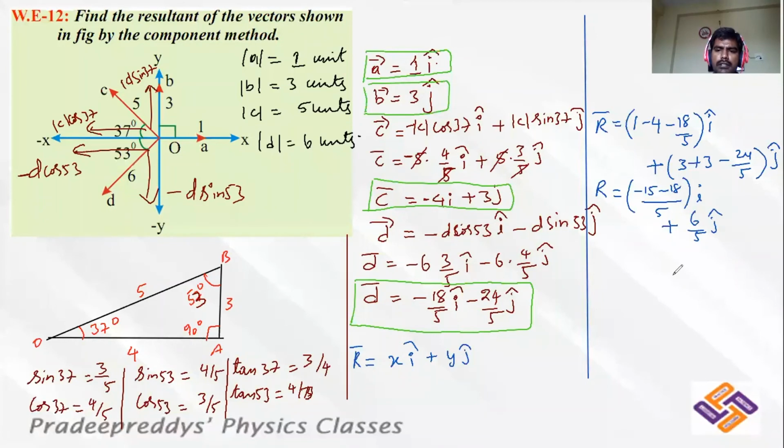So R is equal to minus 33 by 5 i cap plus 6 by 5 j cap. This is the resultant vector.